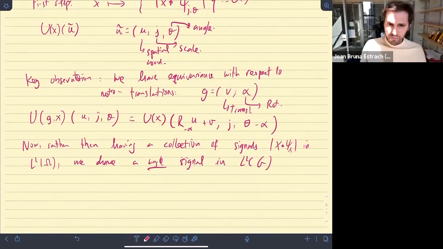And so in the next step, we can use the same idea, but instead of using a wavelet decomposition that is only defined over the grid, we can use a wavelet decomposition that is defined over the group.